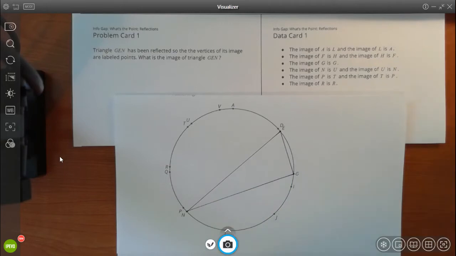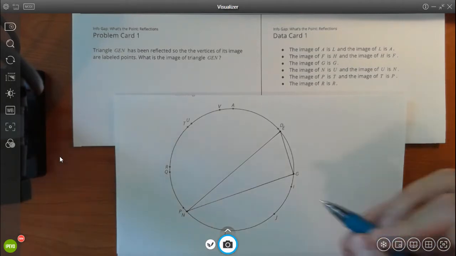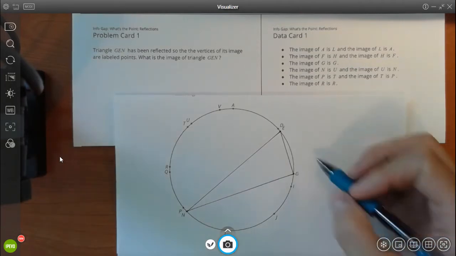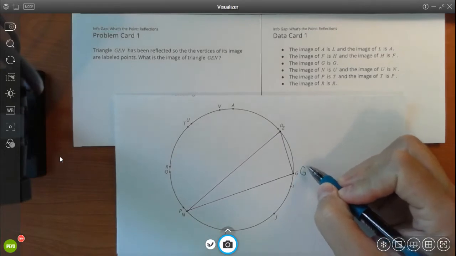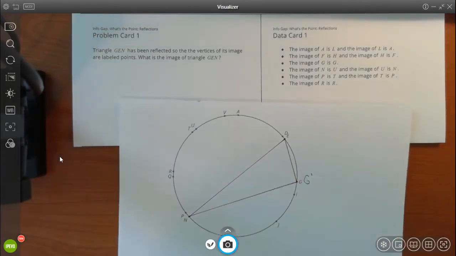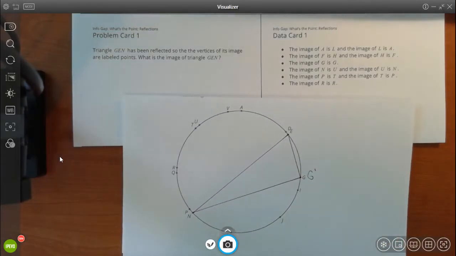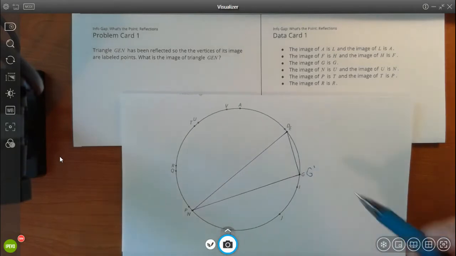If it's 0 units away from the line of reflection, it stays 0 units away from the line. So basically, if I know that the image of G is G, after this reflection, this G is also going to be G prime. So I know that one of my points of my new triangle is going to be at G still.